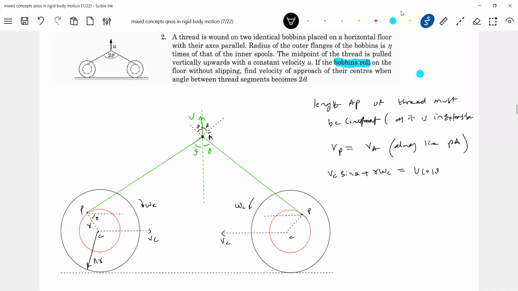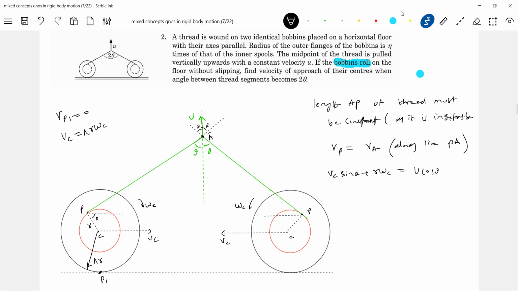And what is small r? Okay, after this we'll go for omega. What is omega? For pure rolling, it is told one more thing. So what should be the velocity of point P1? It should be 0. When will it be 0? When VC is equal to eta R omega C. So what is omega C?